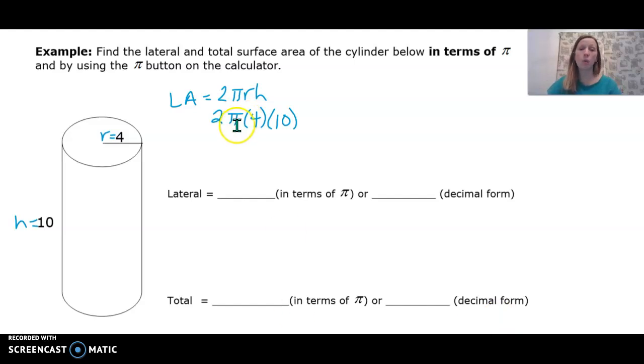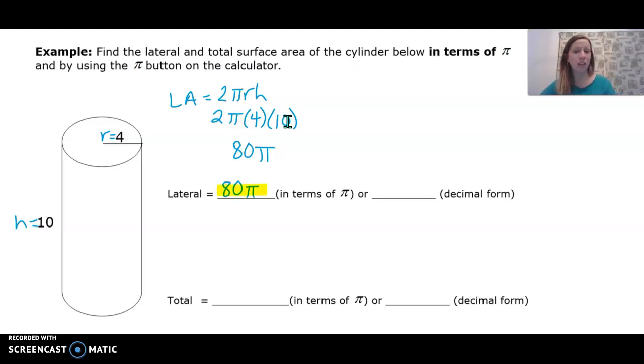Now remember, this is all multiplication. I don't see any pluses or minuses anywhere in this. So these are all being multiplied together. If you want to leave your answer in terms of pi, bring the pi to the back and then multiply the three numbers. So 2 times 4 is 8, 8 times 10 is 80. So 80 pi. So our answer would be 80 pi.